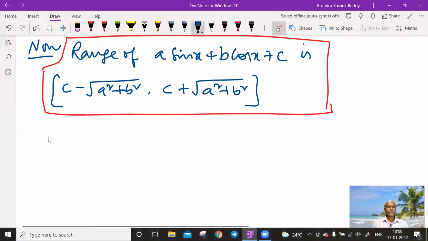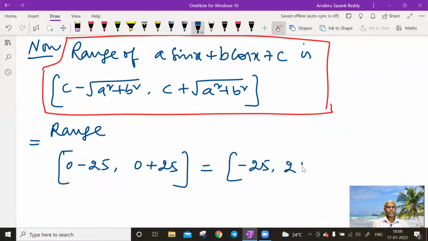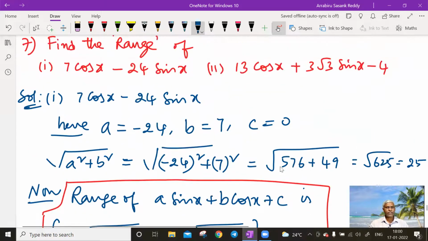So now the range, c value 0 minus 25, 0 plus 25, that is minus 25 to 25.